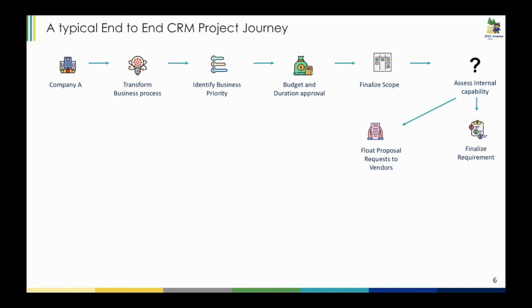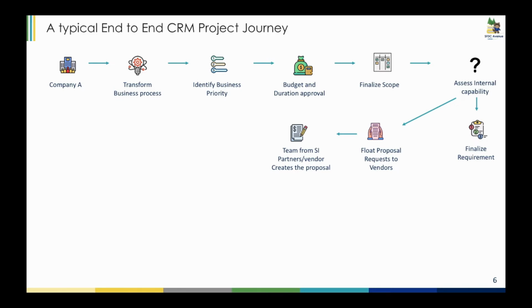So what they will do is reach out to their vendors, their SI partners, and circulate a document called an RFP document, in which they will write the requirements that they want to achieve. Once their SI partners or vendors receive the requirements, they will start creating a proposal.